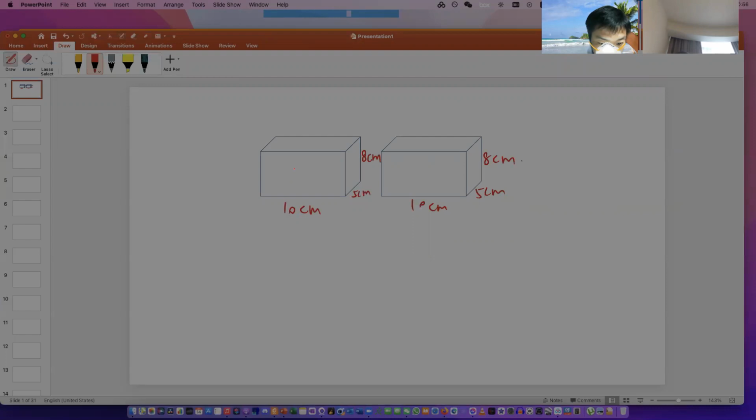Okay, so container A is empty. Container B starts with some water. The volume of water inside container B is 50 cm cube.